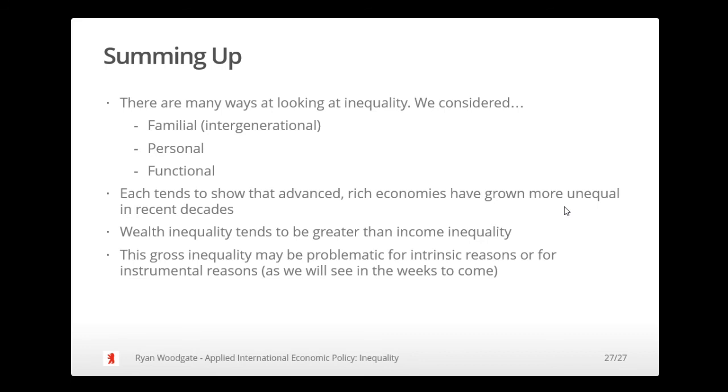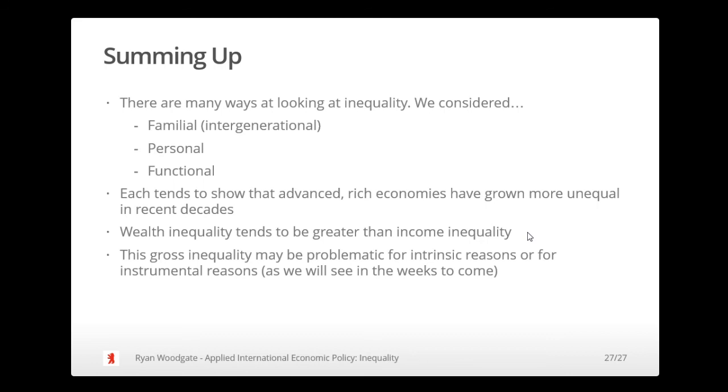Lastly, we have noted at the very beginning that this gross inequality, this trend towards inequality, may be problematic for intrinsic reasons, but also instrumental reasons. And we're going to focus more on these instrumental reasons in time to come, in the weeks to follow, and see what kind of effects this income inequality may have on other variables that we're definitely interested in.